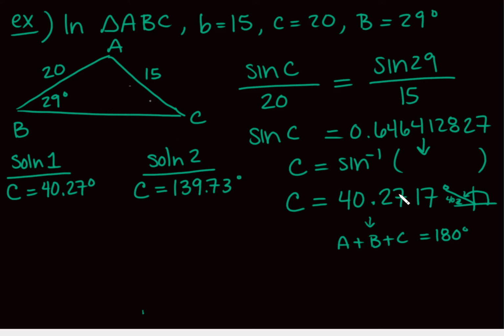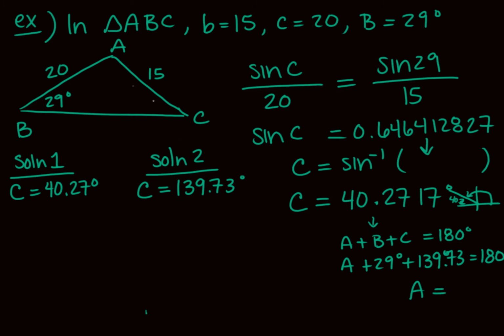Now, is this going to work? So I'm going to check. I know this guy's fine. Let me check the 139.73. So will that give me enough degrees left for angle A? What does that allow for A to be? 180 minus 139.73 minus, what's my B, 29?